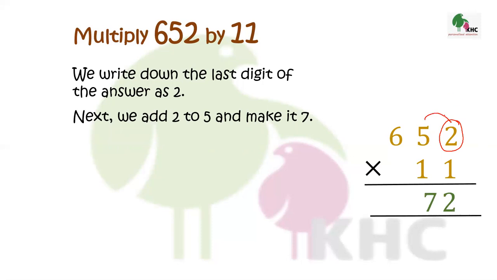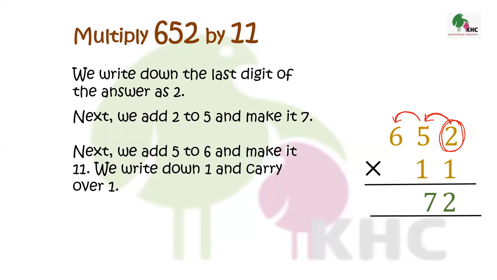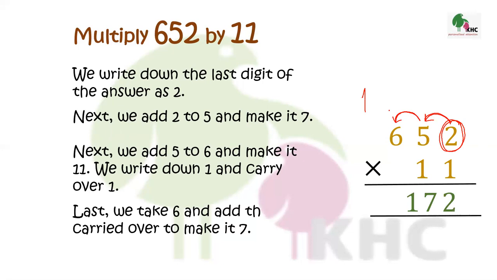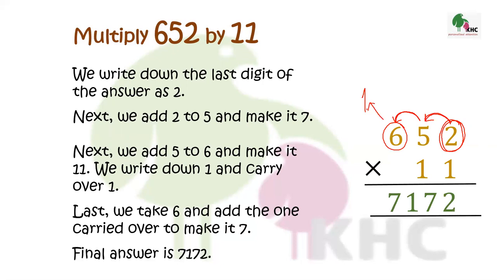After you're done with 5 and 2, you're going to find the sum of 5 and 6. Now 5 plus 6 is 11. You write 1 and you're carrying 1. Now lastly, 6 should have been written as it is, but because it's carrying 1, we write it 7. Therefore, the answer is 7172.